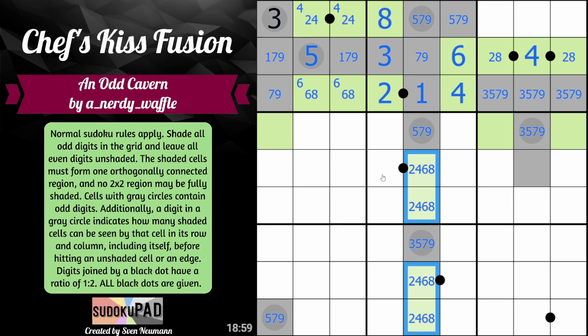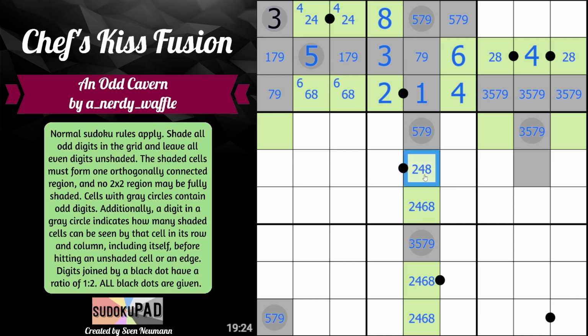Too many options. Well, I guess this can't be 6. Because if that was 6, then this would be 3, and we know that's not possible. And actually, this can't be 4.